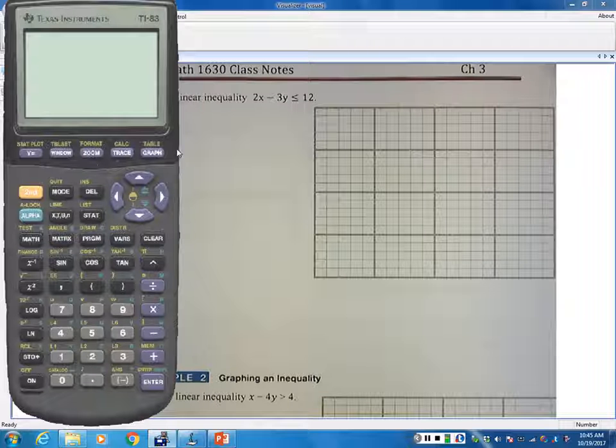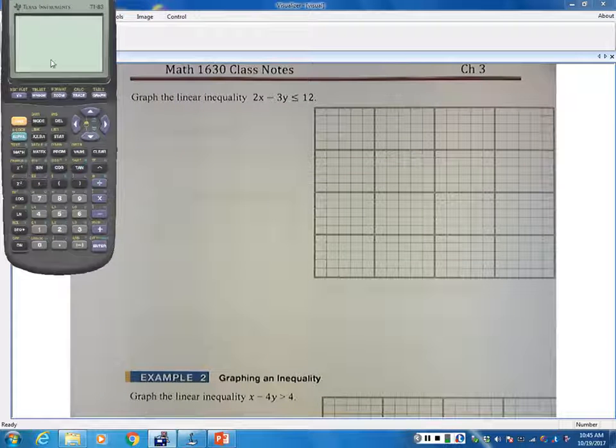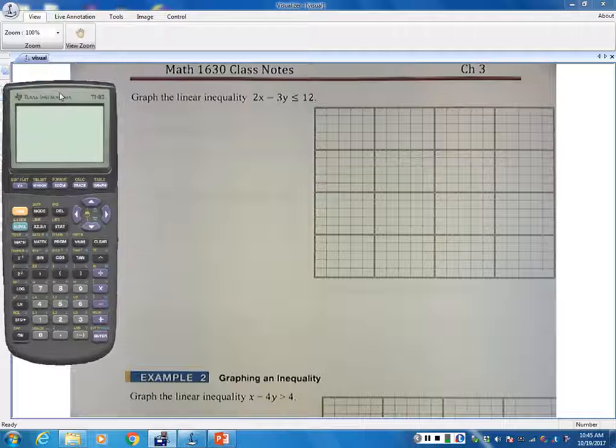That's a little bit bigger than I wanted, a little awkward, so I'm going to shrink it down. And if you want to prepare your calculator, just go ahead and turn it on, clear the home screen, and then go to your y equals menu and clear that screen, and then we'll go from there.